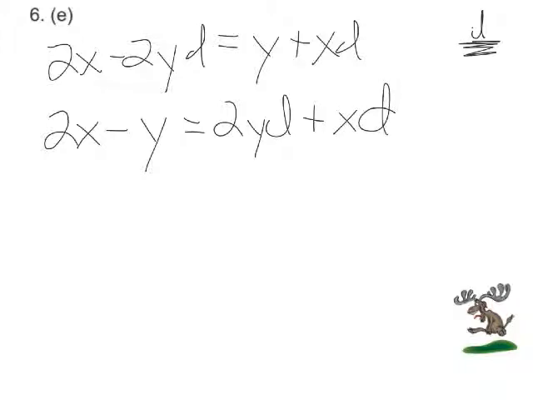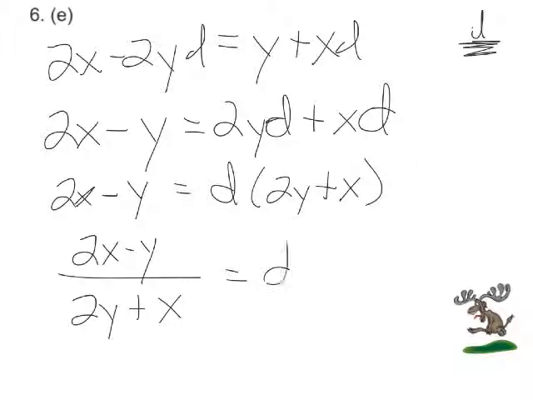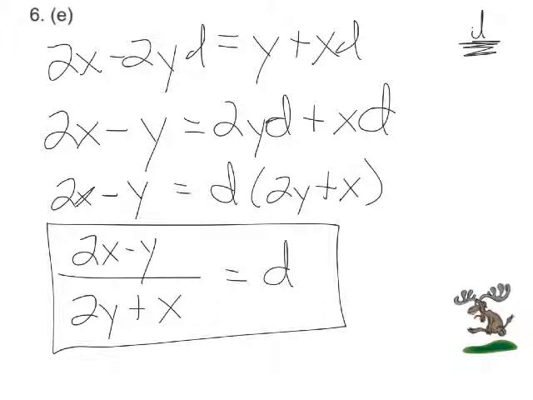And what that does is it allows me to factor a d out of the right-hand expression. By factoring that d out, I can then divide the second factor to the left side. 2x minus y over 2y plus x is equal to d. There we go. Solved for d.